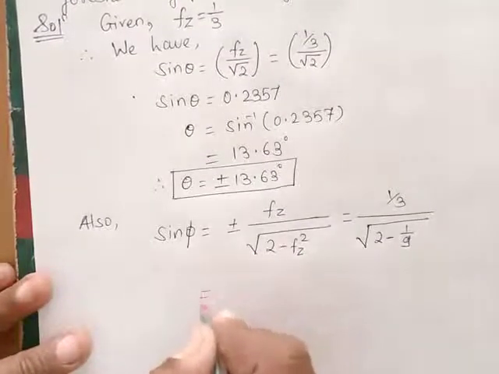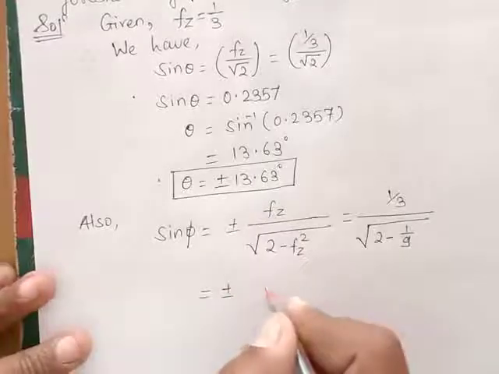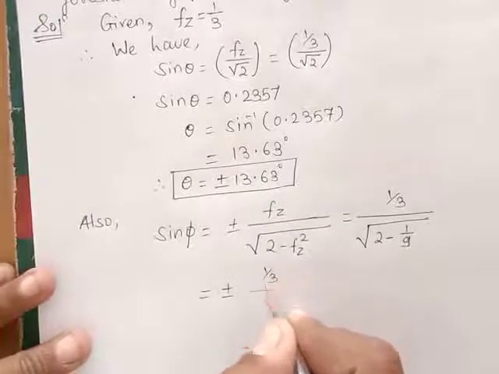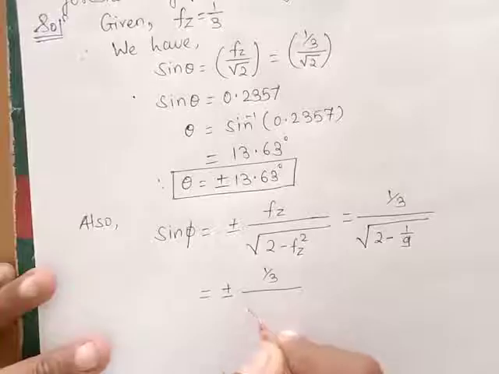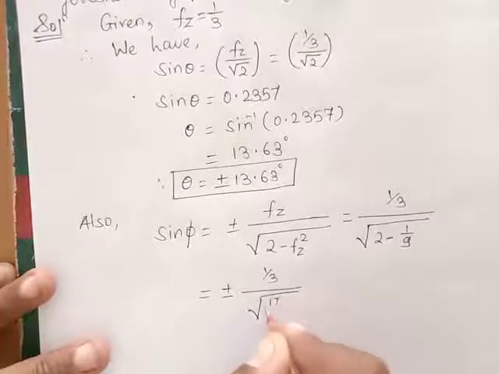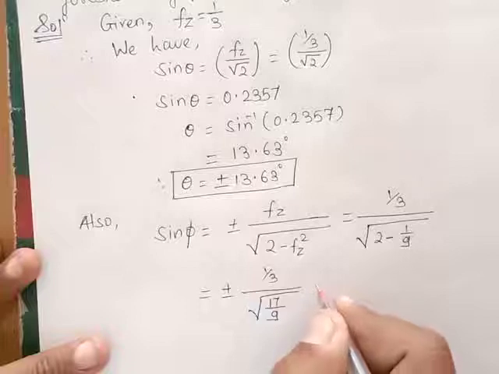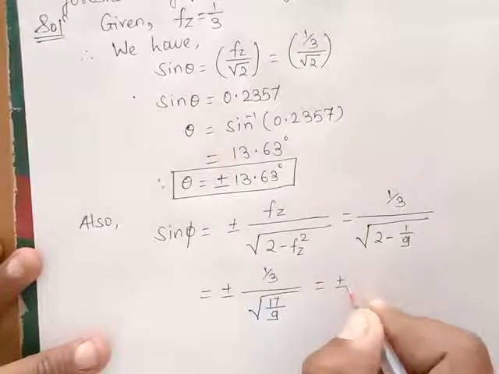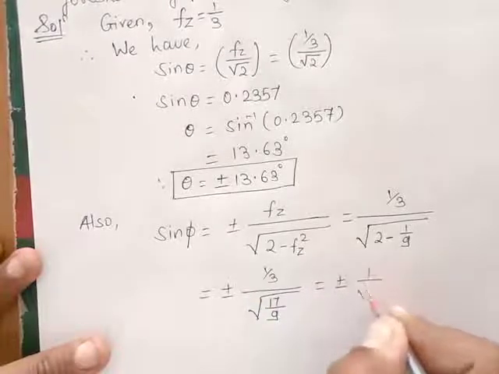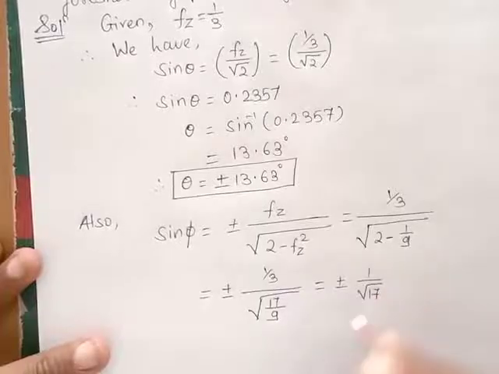So it is plus minus 1/3 upon root 17/9, that is plus minus 1 upon root 17.